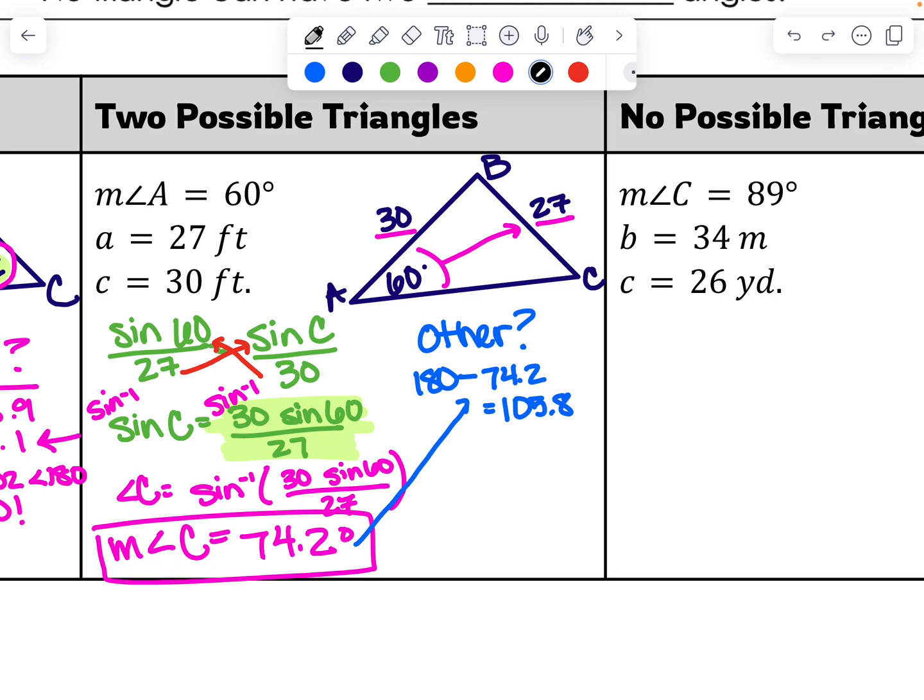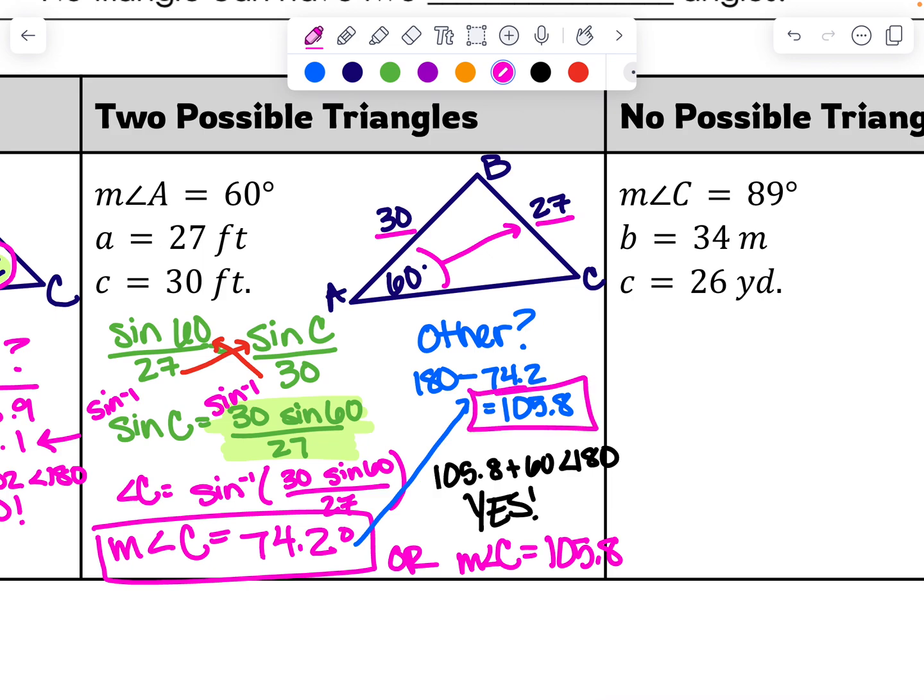Meaning, would those two angles work in my triangle? So is 105.8 plus 60 less than 180? So the answer is yes, which means that the measure of angle C could also equal 105.8 because that was the obtuse angle in the second quadrant.